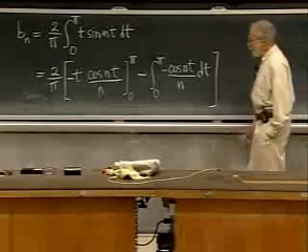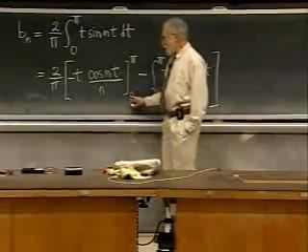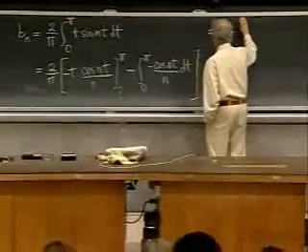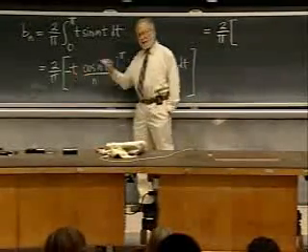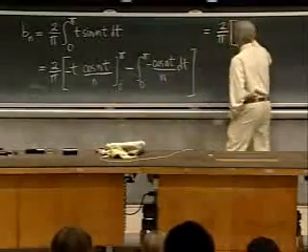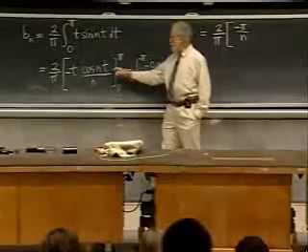Okay. Now all we have to do is a little evaluation. Let's see. At the lower limit, I get 0 here. So let's write it right away as 2 over pi. At the lower limit, I get 0. That's nice. At the upper limit, I get minus pi over n times the cosine of n pi.